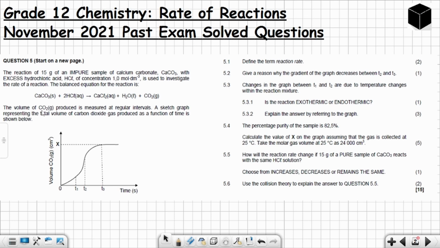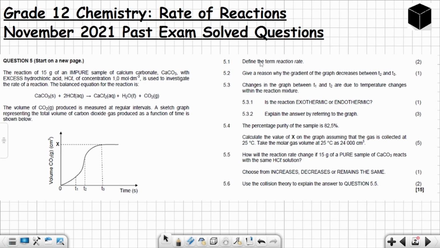The volume of carbon dioxide gas produced is measured at regular intervals. A sketch graph representing the total volume of carbon dioxide gas produced as a function of time is shown below. So you have the volume of carbon dioxide on the vertical axis and time on the horizontal axis.